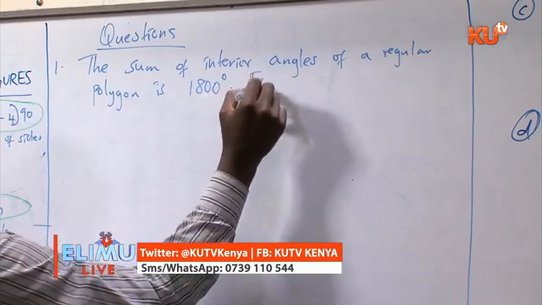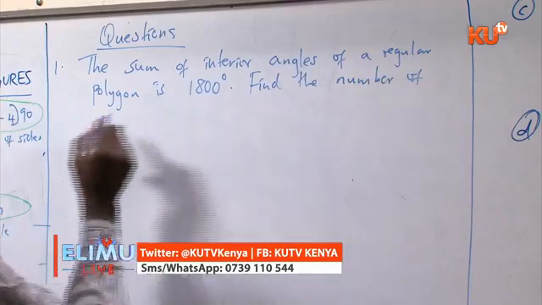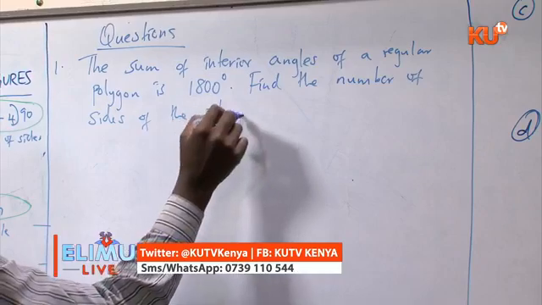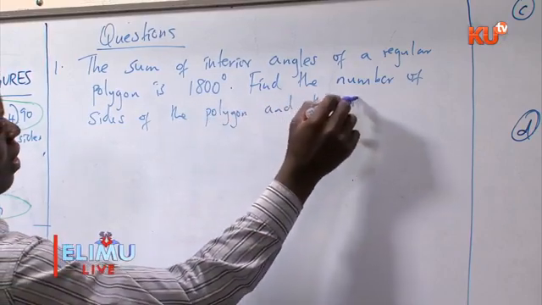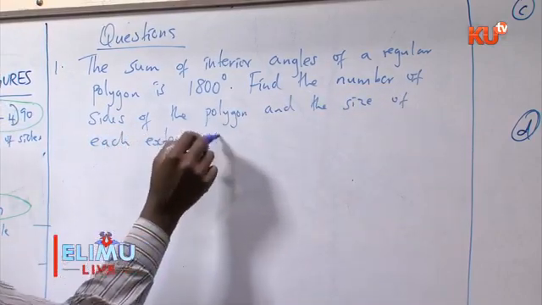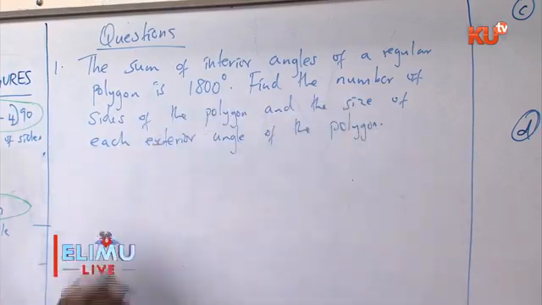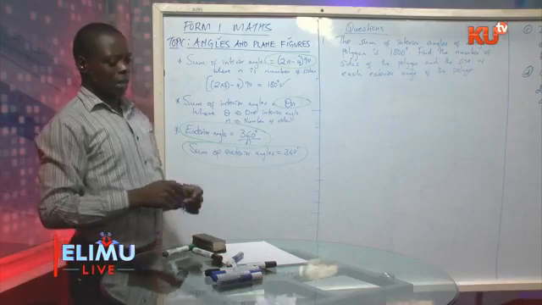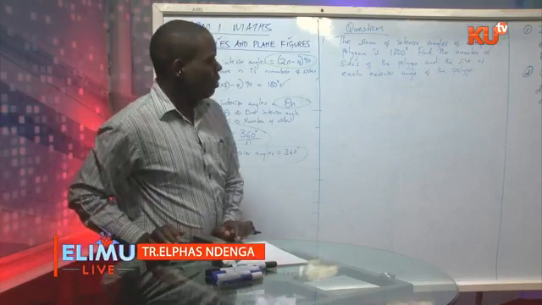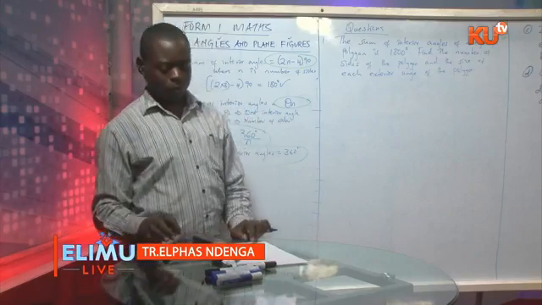You're told to find the number of sides of the polygon and the size of each exterior angle of the polygon. The sum of interior angles of a regular polygon is 1800 degrees. We are told to find the number of sides of the polygon and the size of each exterior angle of the polygon.